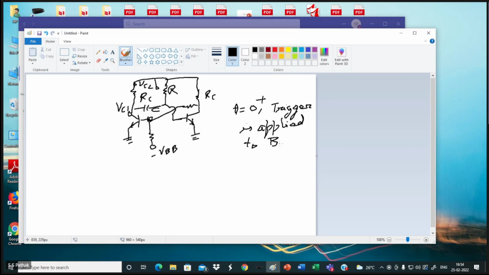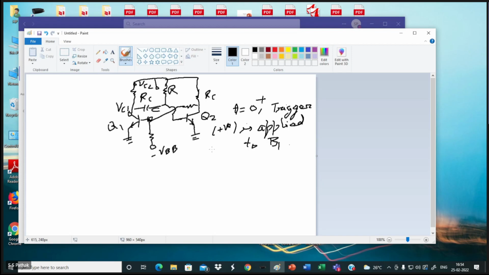I'm calling it the base of the first transistor. Positive trigger, trigger which is positive, I'm putting here as positive. Negative trigger I have to put at the base of the second transistor. So this is my Q1. This is my Q2. Now a positive trigger I have applied to the base of Q1.